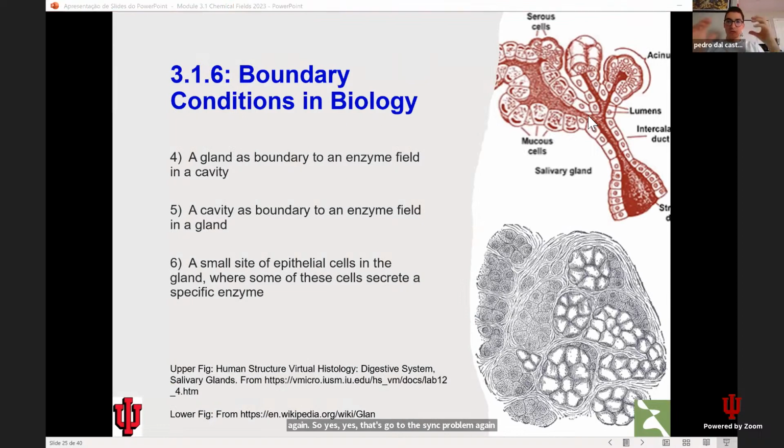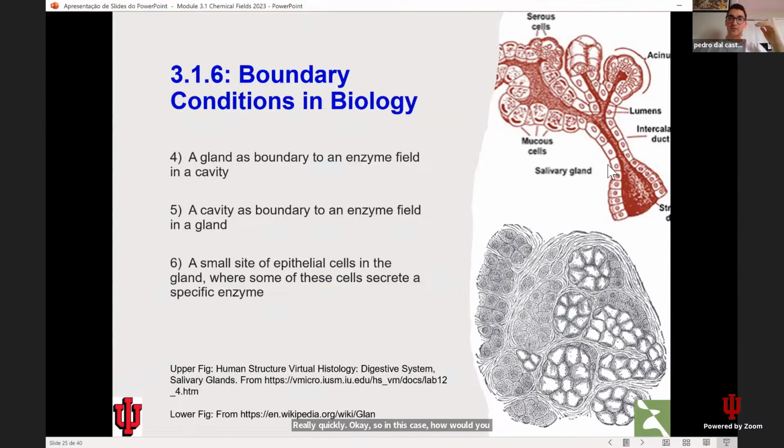Sink cavity. So we are modeling the gland, okay? Take a look at this image here in the top side, for example. Let's say you are modeling these 5 cells here that I'm pointing at, and potentially the other cells behind them. The cavity receives the nutrient and spreads it out really quickly. So how would you model the cavity as a boundary?